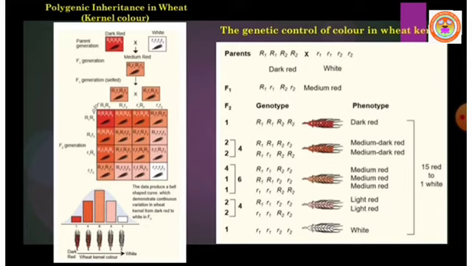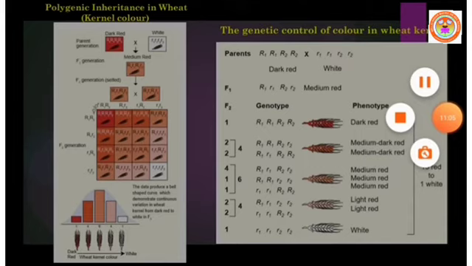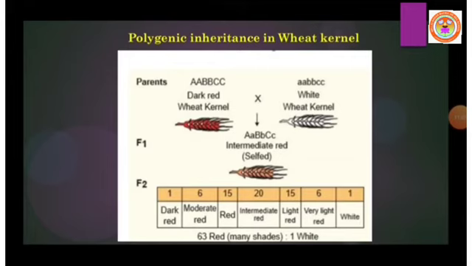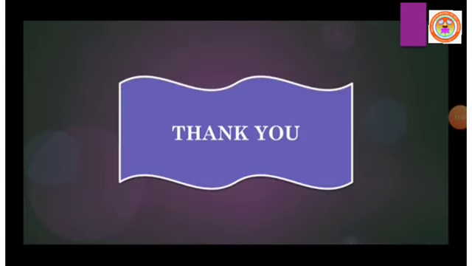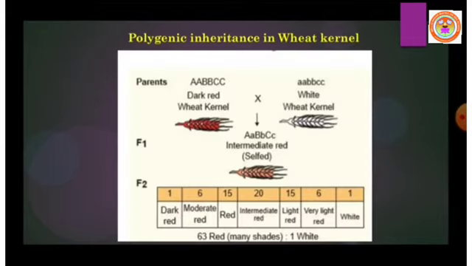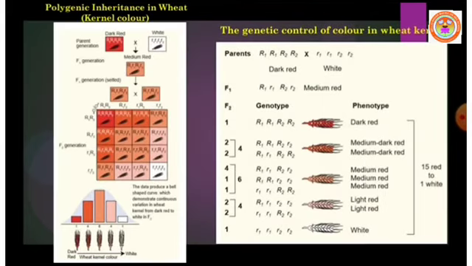This represents the distribution of the phenotype. From the dark red to the white color of the kernel is formed due to the number of capital R genes seen in the genotype.